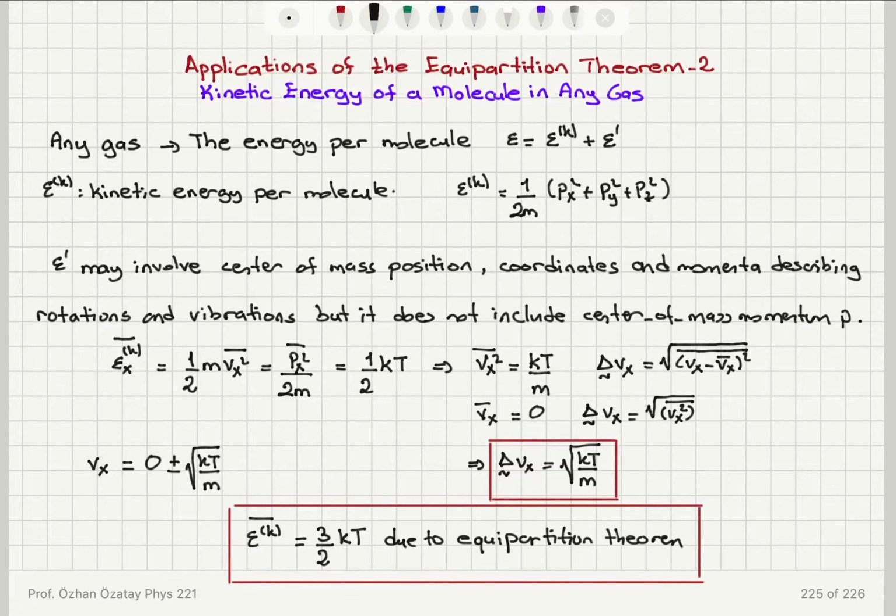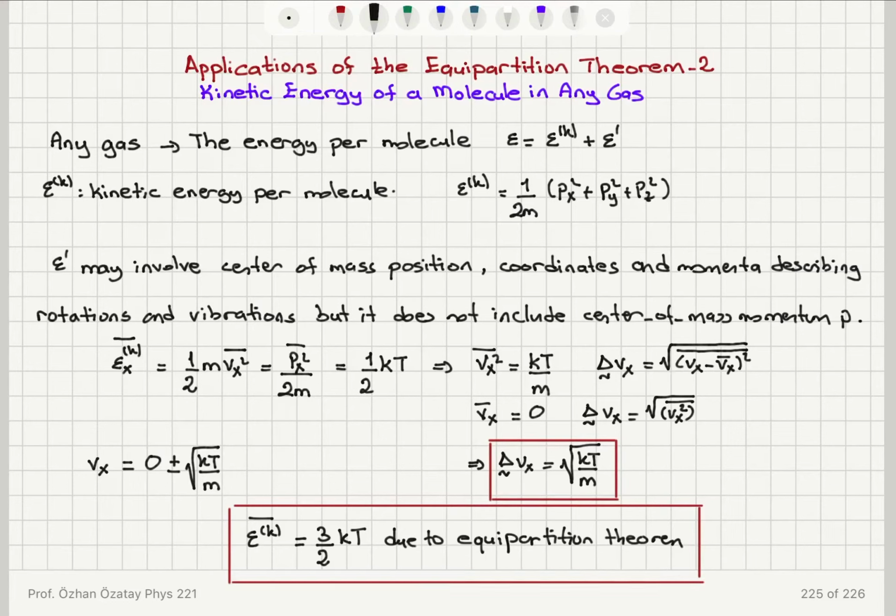Alright, so we have considered any gas, and basically the energy per molecule has a contribution that includes quadratic terms in the linear momentum of the center of mass. That is 1 over 2m px squared, 1 over 2m py squared, 1 over 2m pz squared, and then it has terms due to vibrations and rotations with respect to the center of mass.